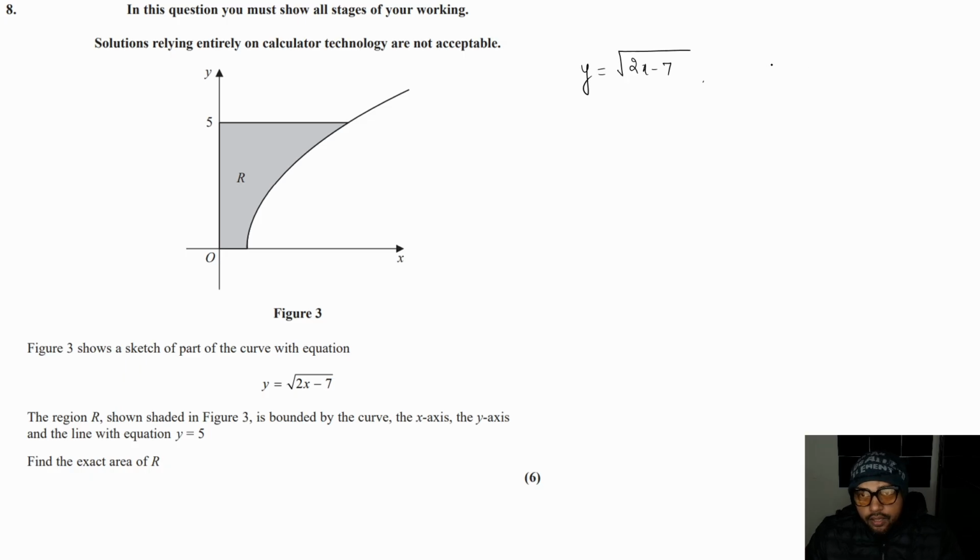How? We'll square both sides. y squared equals 2x plus 7. Now y squared minus 7 equals 2x. So x will be equal to (y squared minus 7) upon 2.